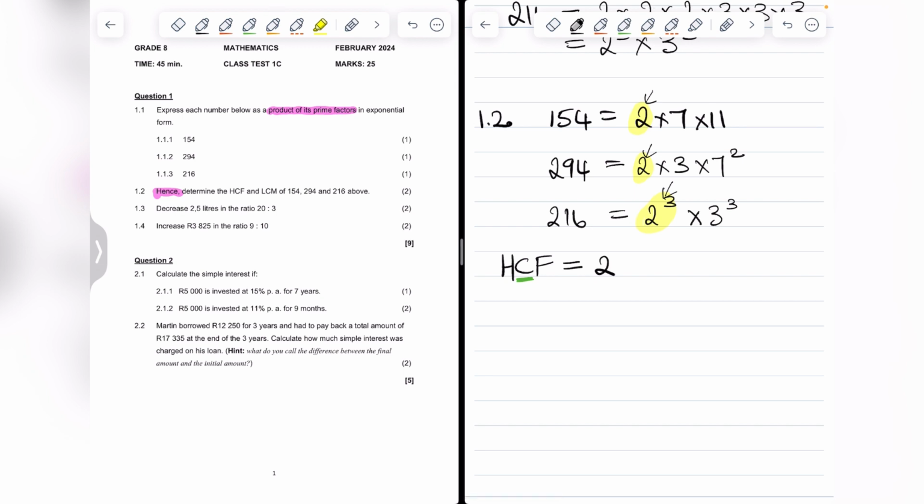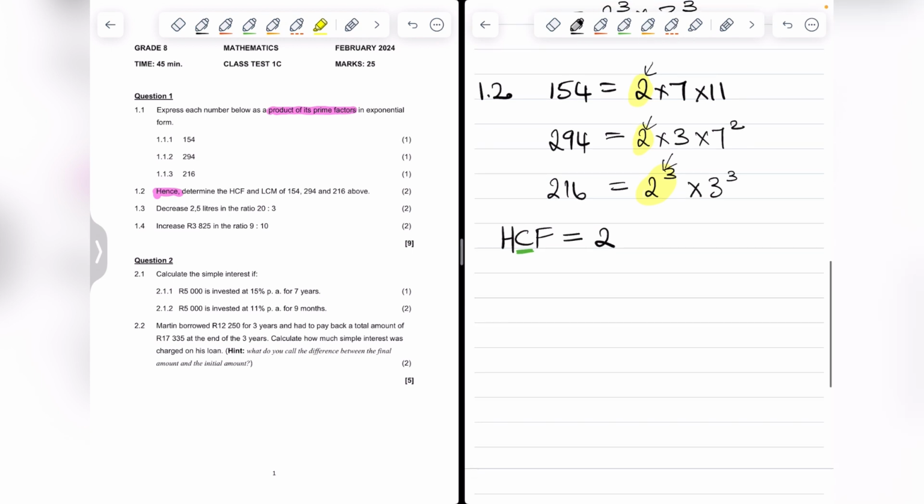And if I look further, I will notice that none of the other factors appear in every set. So for example, the 7 appears in the first one and the second one, but not in the third. And the 11 only appears in 154. And the 3 appears in the second number and in the third number, but not in the first number. So the only factor that's common here is 2, and therefore the highest common factor is just 2. So we are done with the highest common factors.